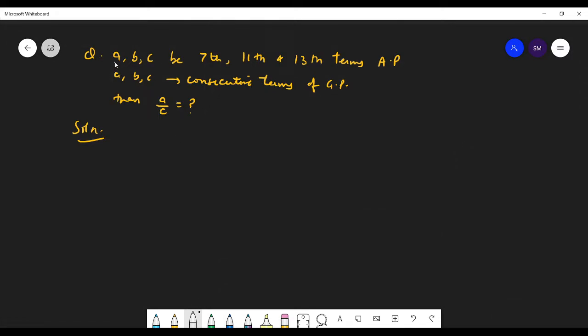So in AP, A, B, C are the 7th, 11th and 13th terms, whereas in GP they are consecutive terms.